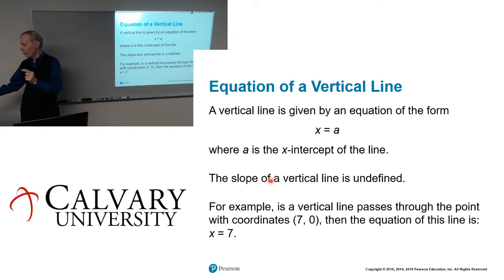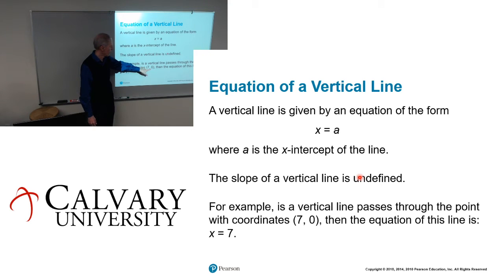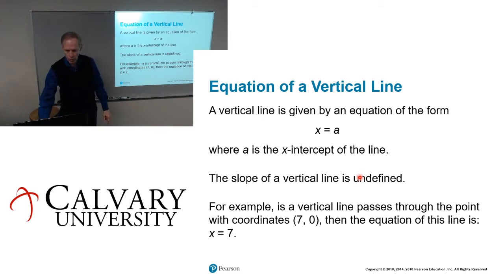But be real careful to note that the slope of a vertical line is undefined because you would have a change in y coordinates but no change in x coordinates, and so the denominator of the slope would be 0, which again is undefined. So if you needed to graph a vertical line that goes through this point 7, 0, then the equation of that would simply be x equals 7.